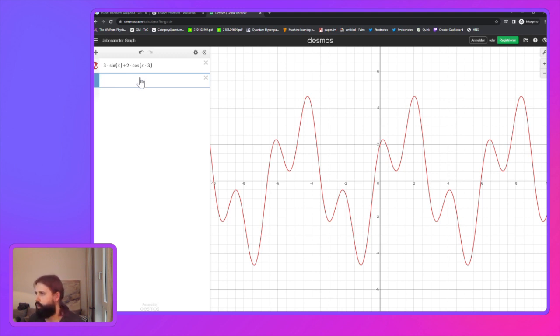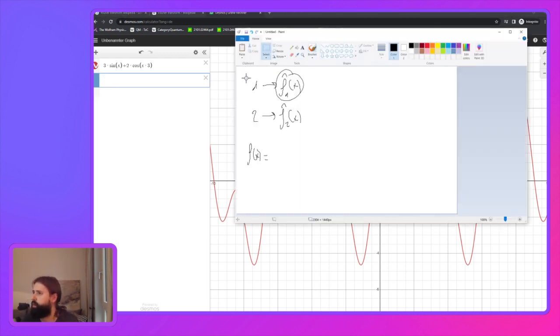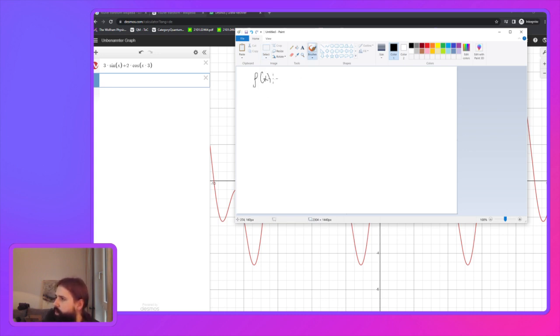So what will the Fourier transform give us here?